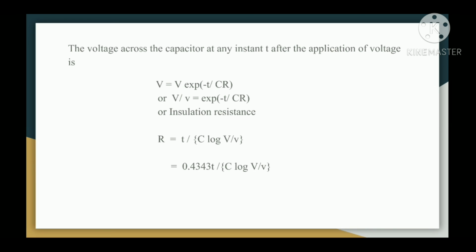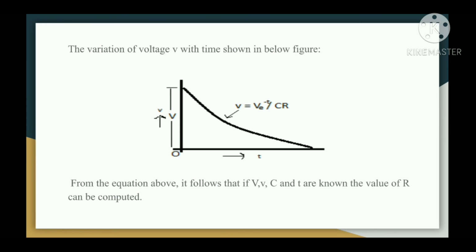So insulation resistance R is equal to t upon C log capital V upon small v, which is equal to 0.4343 t upon C log capital V upon small v. The variation of voltage v with time is shown in the figure below. From the equation above, it follows that if capital V, small v, C and t are known, the value of R can be computed.